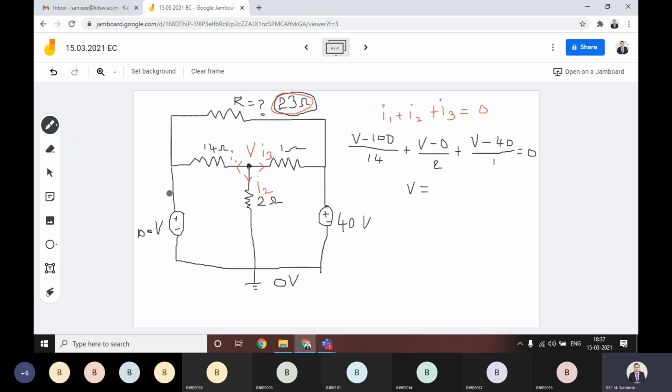Here the total current is coming from this, because the source is here somewhere, the current source. This current source will be having some amount of current. That current is divided into two parts. One will go this way and another one goes this way. First of all, what is the value of V you have calculated?